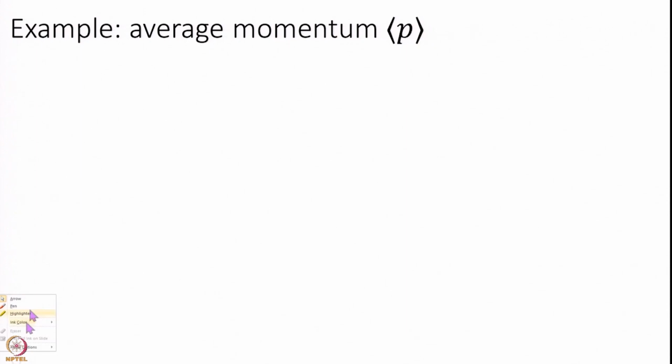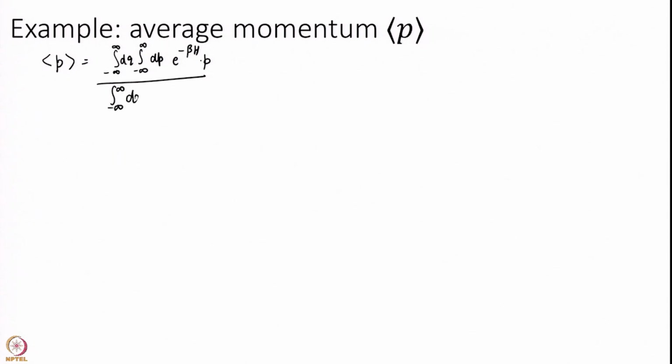So, let me just write down what I had got in the last slide: dq from minus infinity to plus infinity, dp, e to the power of minus beta h into p, and now we are going to substitute our Hamiltonian here. Our Hamiltonian was p square over 2m plus V of q.